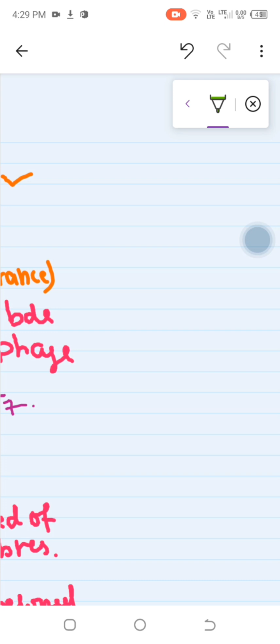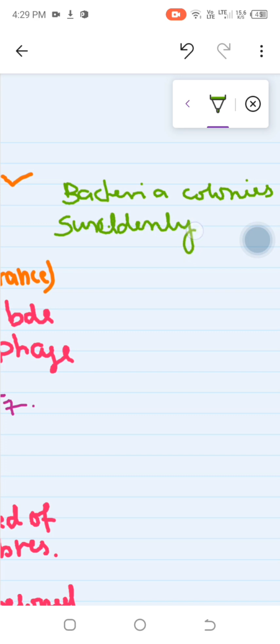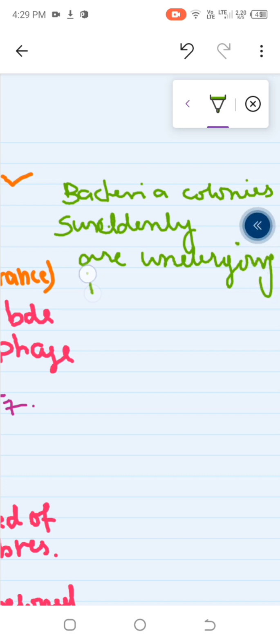They both found that the bacterial colonies were suddenly bursting, undergoing lysis.